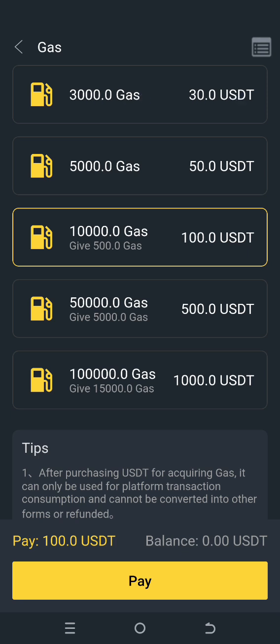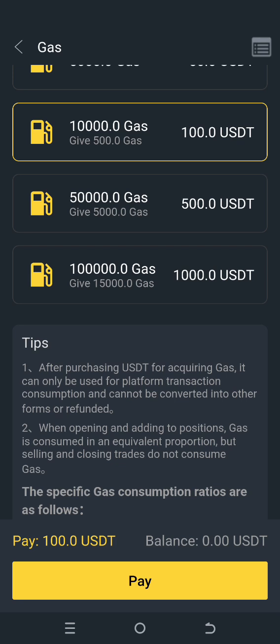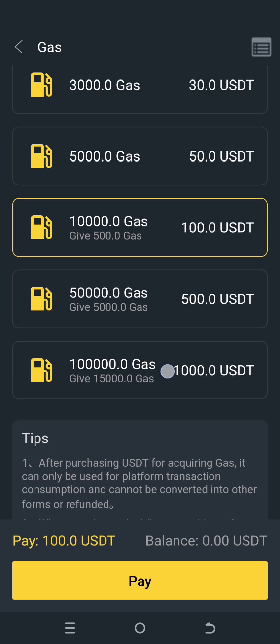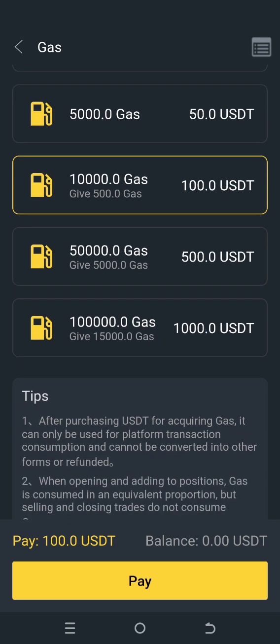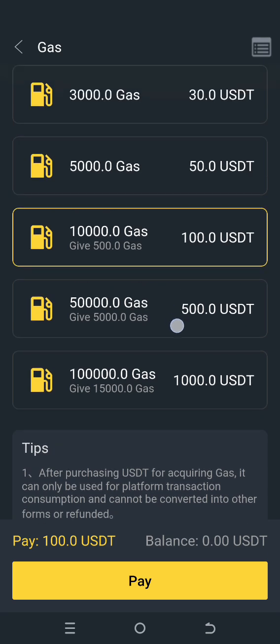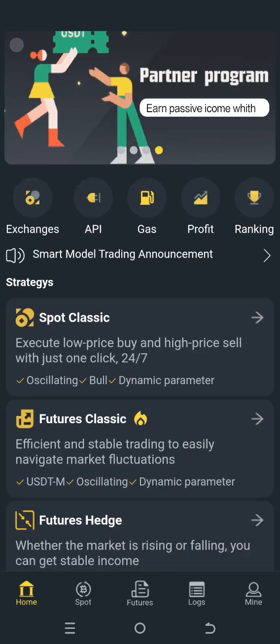When you deposit $30, they are going to multiply it times 10, which gives you 3,000 gas, up to the big one here, which is for 1,000. And now they have some promotion ongoing: if you buy gas of $100 up to 1,000, you have some top up on what you're going to buy. So I'm going to come back and take you through how you can do all that.